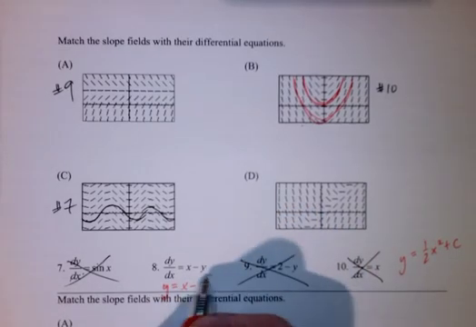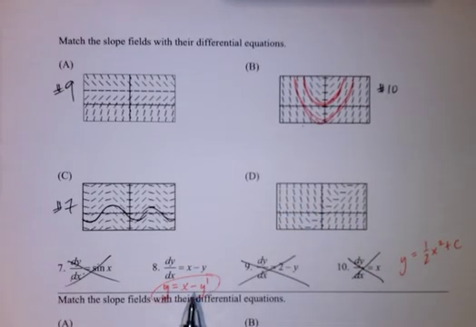Now this is a linear with y prime, or negative y prime, being the y-intercept. So when y prime is equal to 0, it's going to happen on the y equals x line.